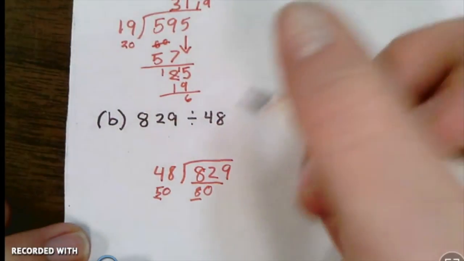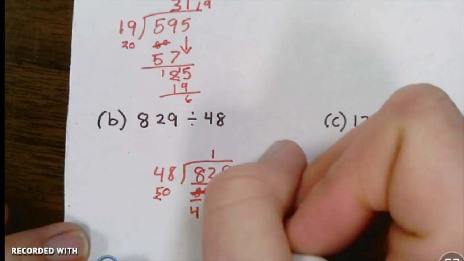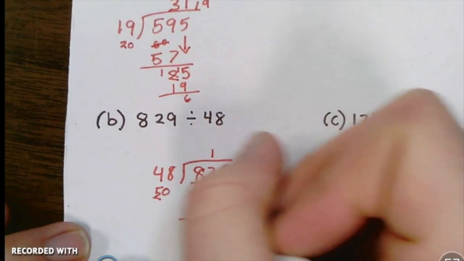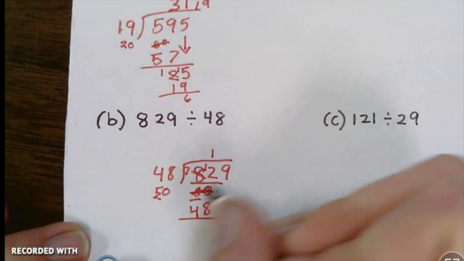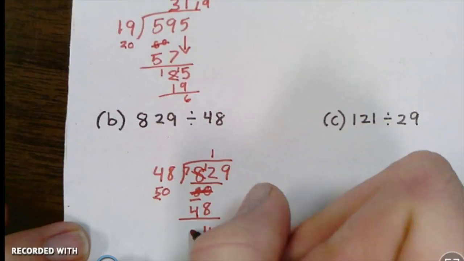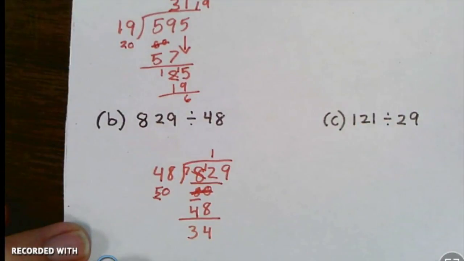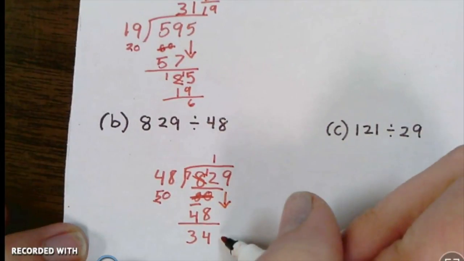Good, just 1 time. Okay, so then I'm going to cross off my 82 so I don't get confused. 82 minus 48. 2 minus 8, can't do that. Okay, 12 minus 8 I can do. 7 minus 4 I can do. Okay, now I'm going to need to bring down another number.